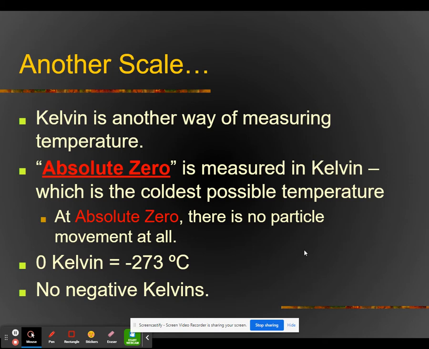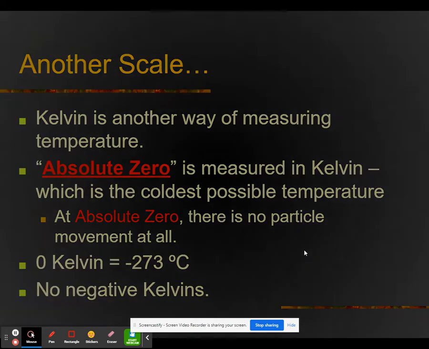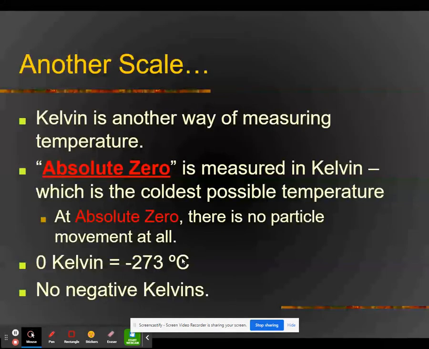Remember that temperature is the average kinetic energy, which means motion. So at absolute zero, there is no particle motion. Since temperature is the kinetic energy on average in a substance, absolute 0 Kelvin is 0 movement. There is no kinetic energy.